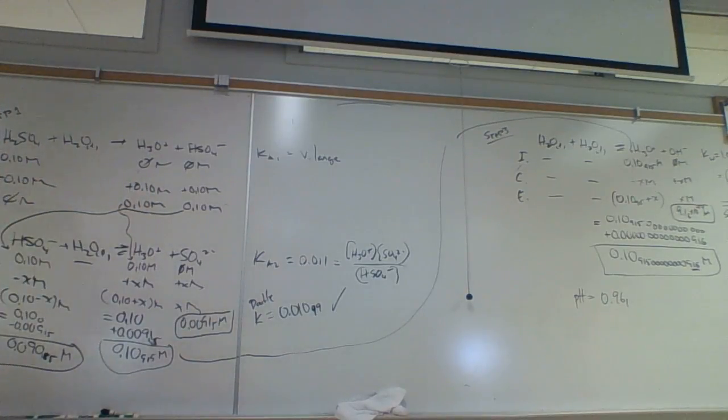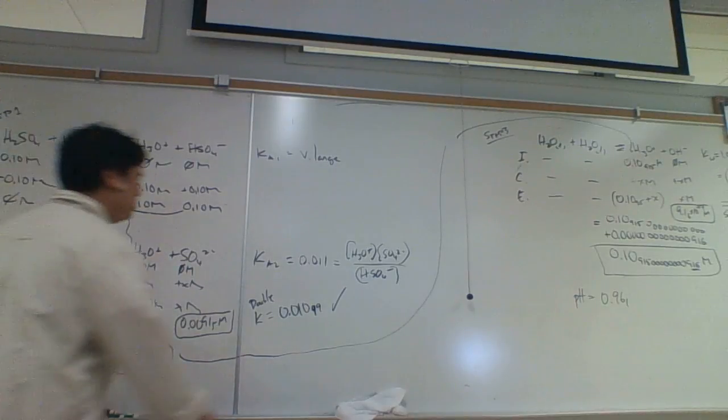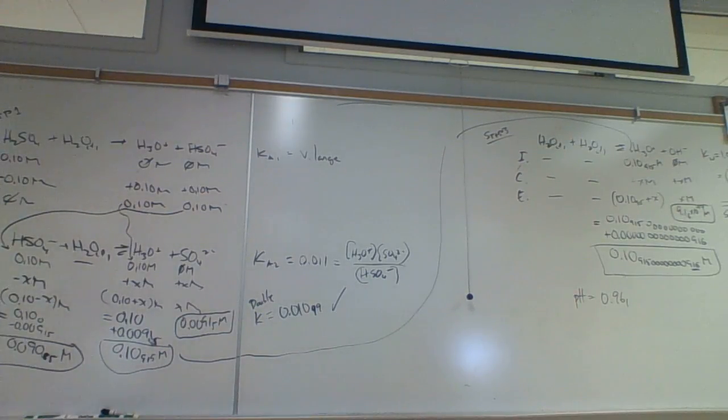And so what we'll do with the inventory is we're going to just keep track of the running totals here. So if I'm interested in the species present in a beaker that's labeled 0.10 molar H2SO4, what am I going to find in this beaker? Well, will I find any H2SO4 molecules? And according to this, with a very large K, I'm going to find none. So this should be 0 molar here. All the molecules should have hydrolyzed. And so this is the end of the road for the H2SO4.